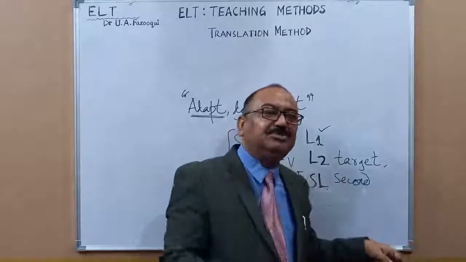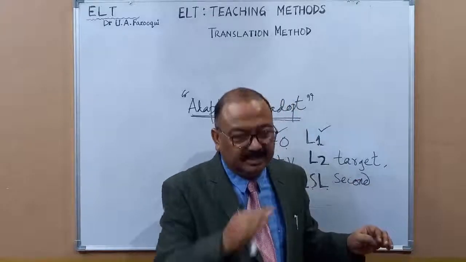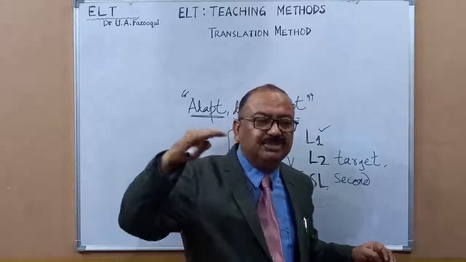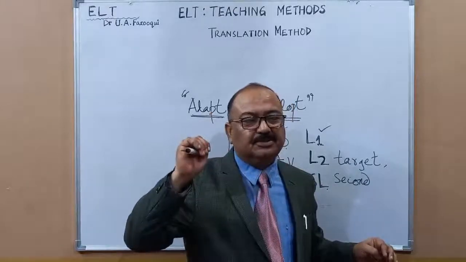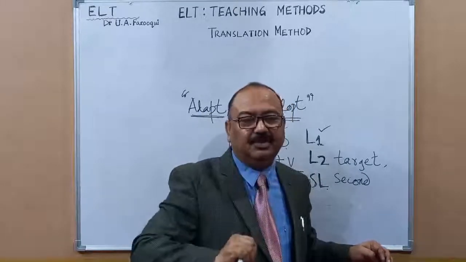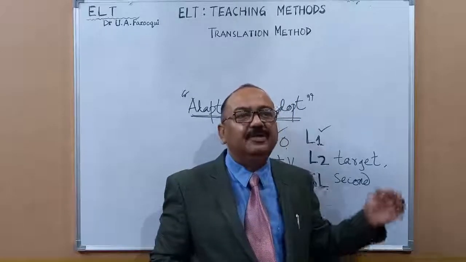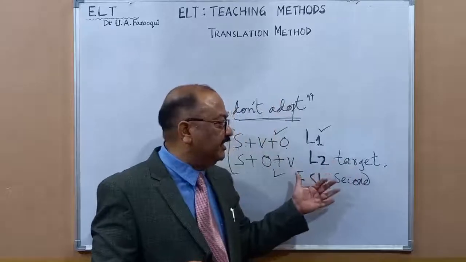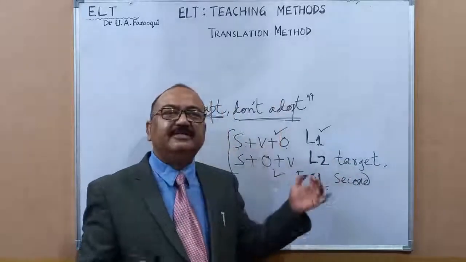If you happen to teach at the primary level, say level 1, level 2, level 3, I'm talking about the elementary level. If you're teaching at the elementary level, then you would teach a child through the translation method. Why?